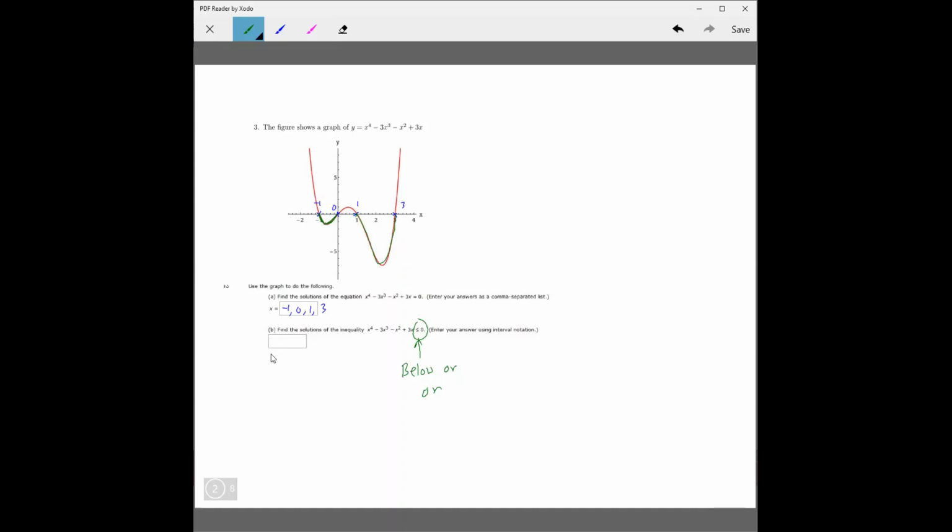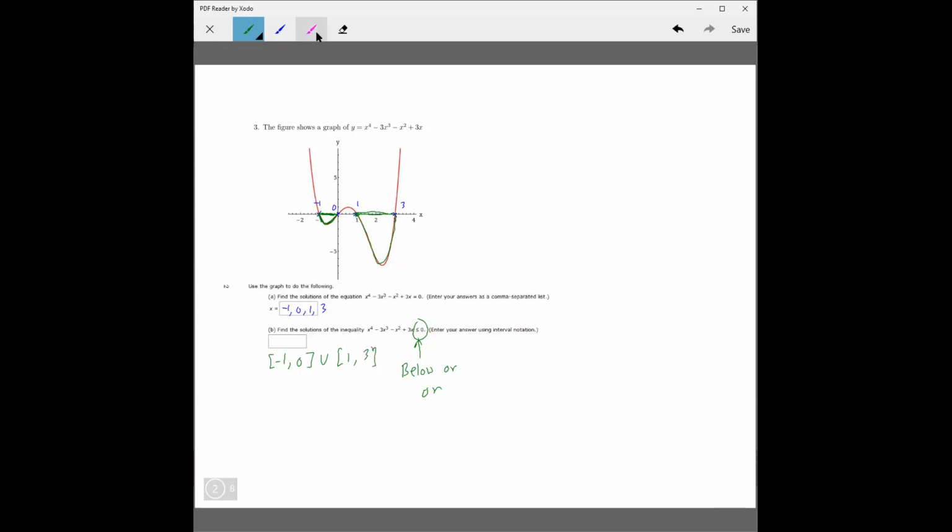But then what you want is the corresponding x values. So that would be these values in here, from -1 to 0. And then also these values here from 1 to 3.